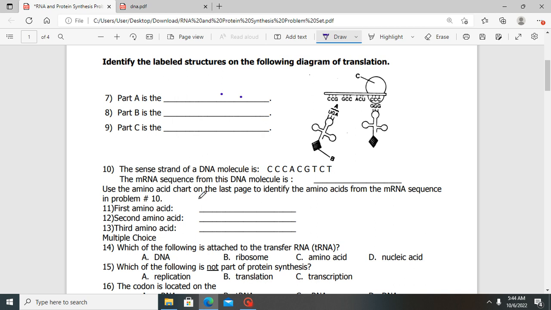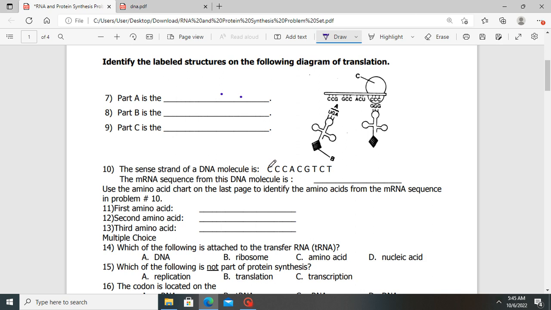So if this is the sense strand of a DNA, then the messenger RNA sequence from this DNA molecule is, well, basically in a DNA molecule, the template strand is the same as the sense strand, and that strand is complementary to the messenger RNA sequence. The other strand, which is complementary to the template strand, is called the informational strand, the coding strand, or the antisense strand. So if this is the sense strand or the template strand of the DNA, the corresponding bases on the messenger RNA are going to be what?